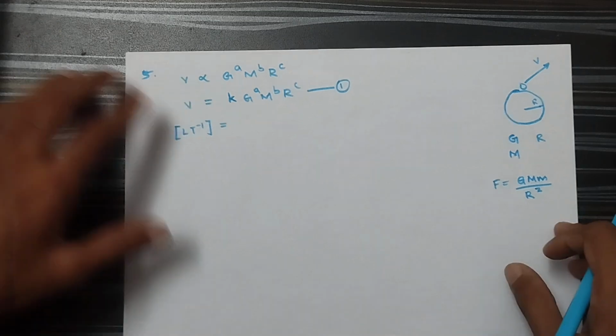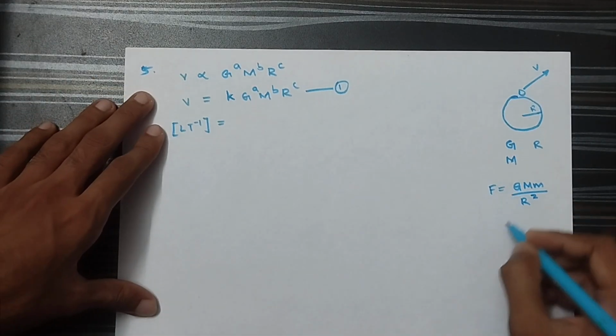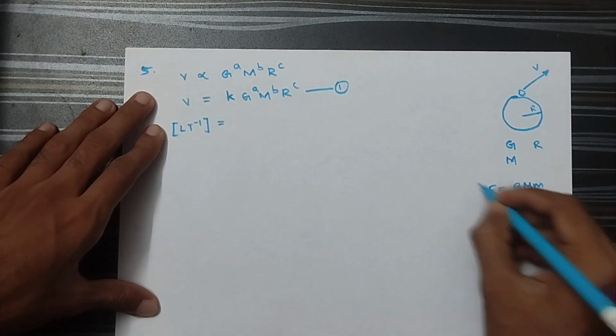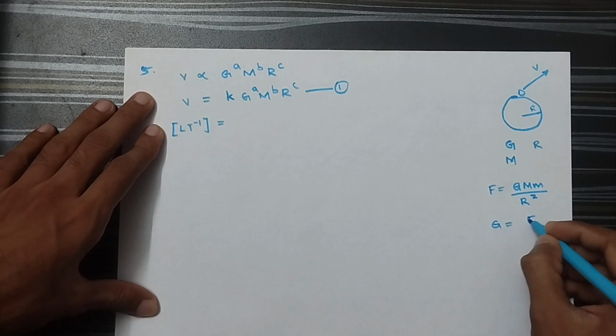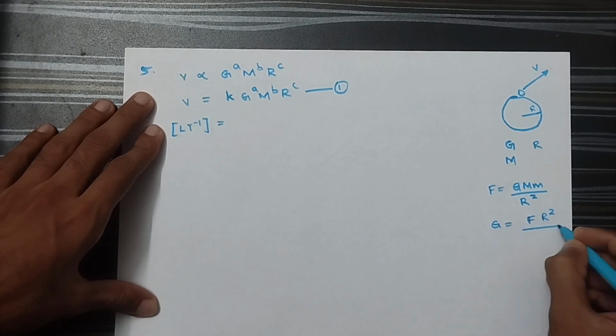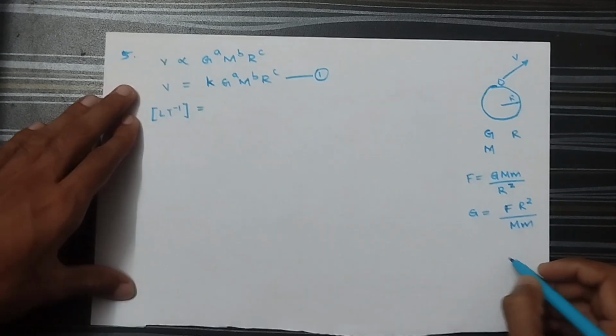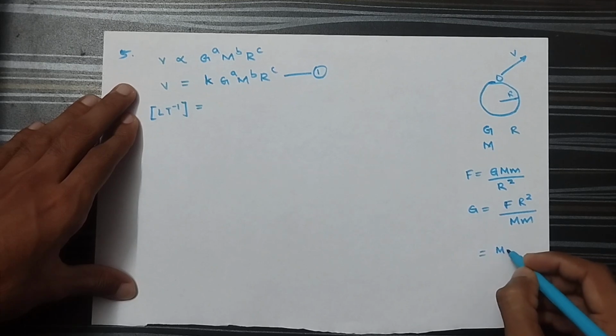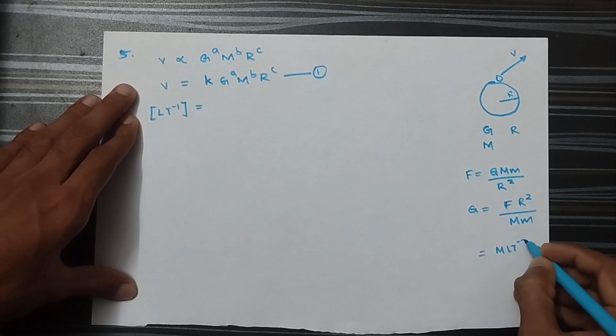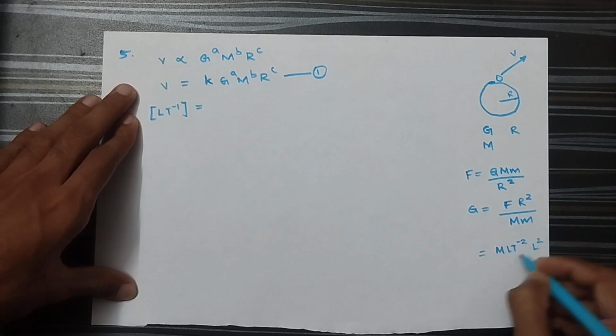Okay, and to find this G, you will cross multiply everything to the other side. So F r square divided by Mm, right? Force is M L t raised to minus 2. r is L square.